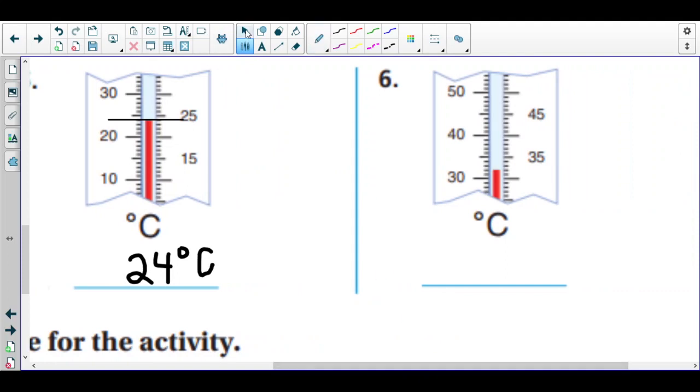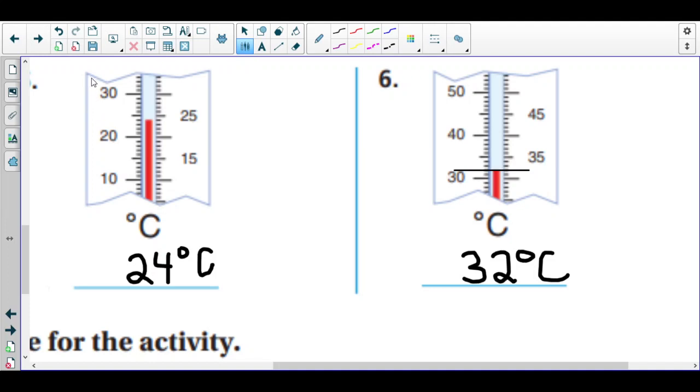And now over here, with this thermometer, put it right about there. So between 30 and 35, so 31. And I think that we'd be safe to say that is 32 degrees Celsius. All right.